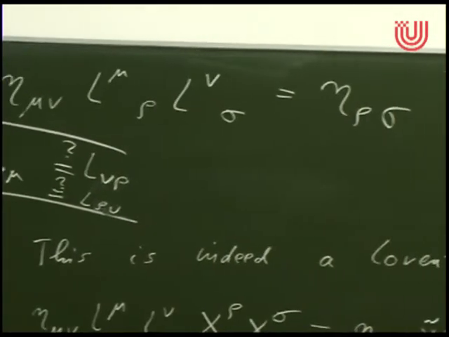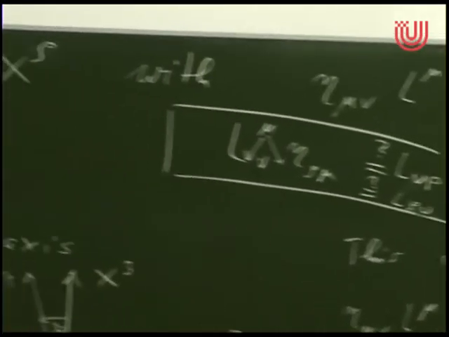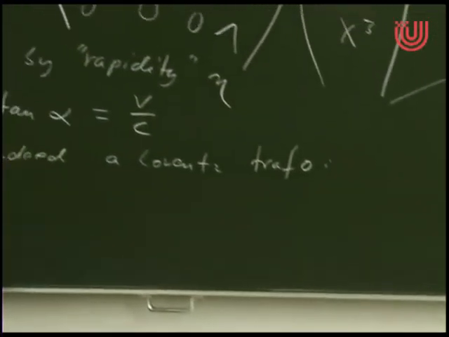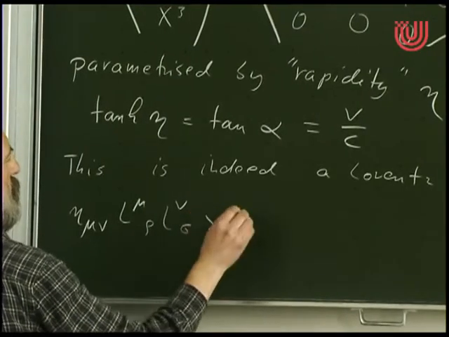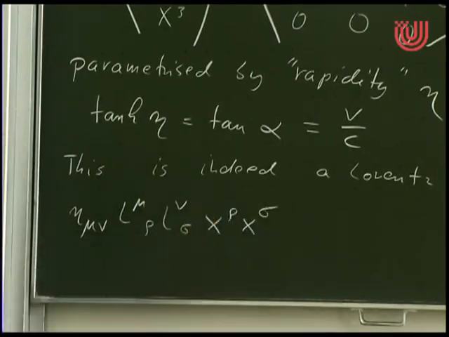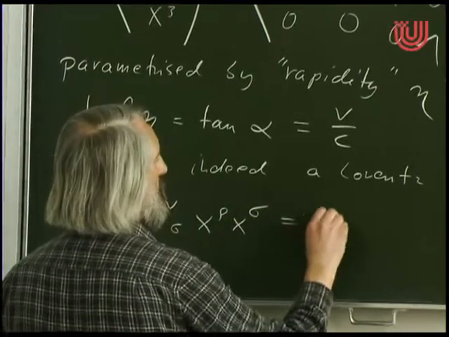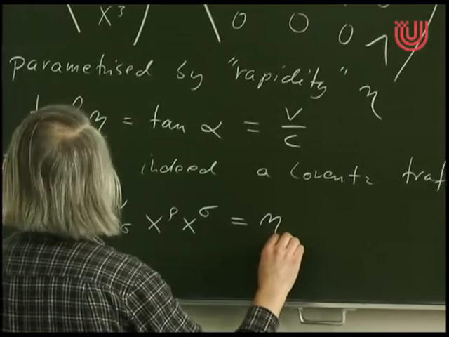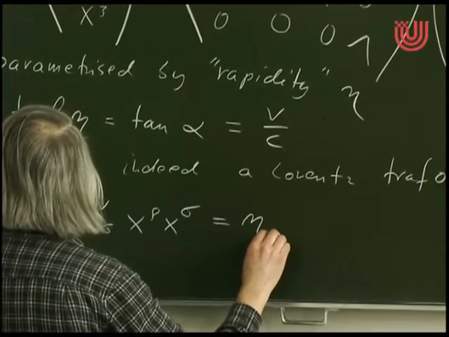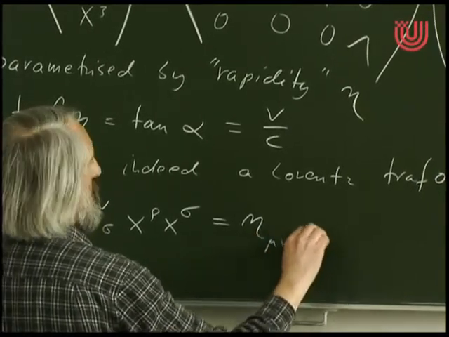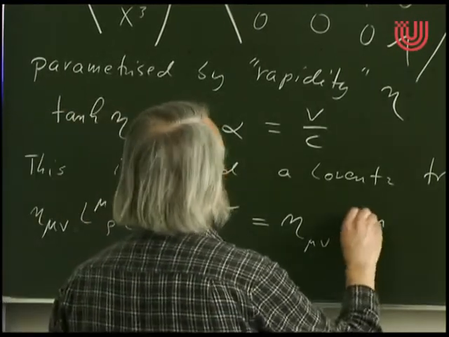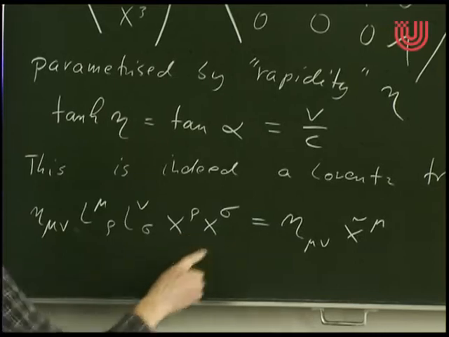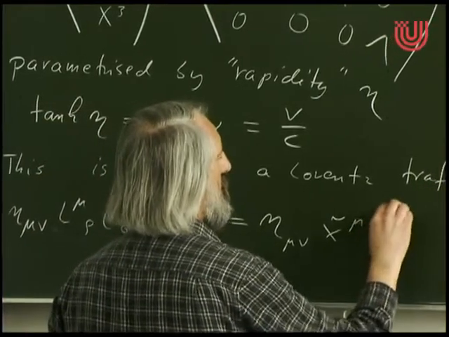So I begin with the same expression, eta mu nu, L mu rho, L nu sigma, x rho, x sigma for arbitrary x. So this is eta mu nu, this times this gives x mu tilde, and this times this gives x nu tilde.